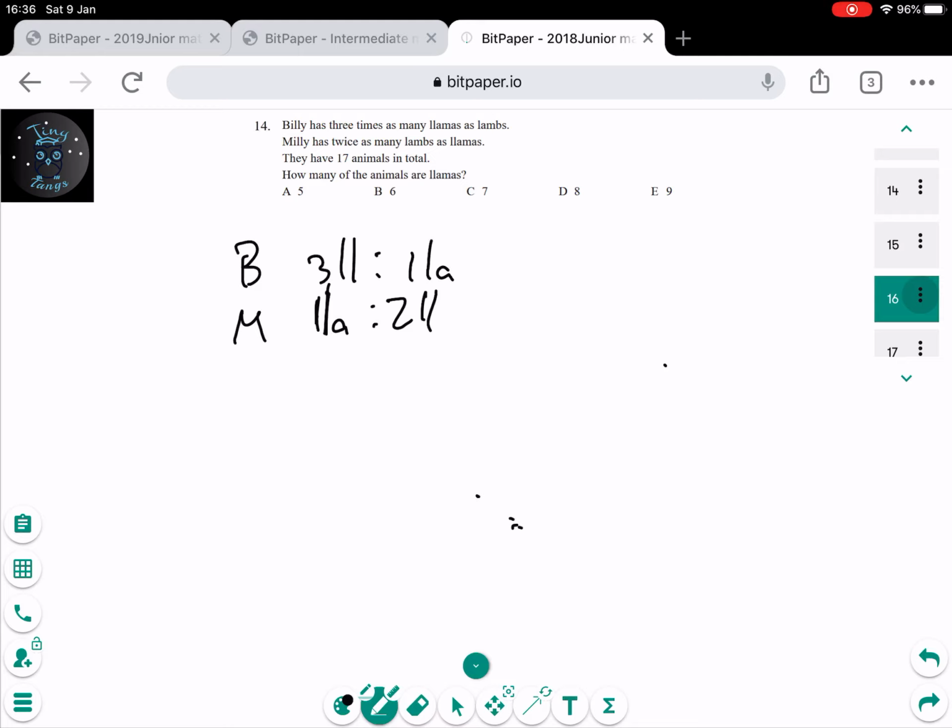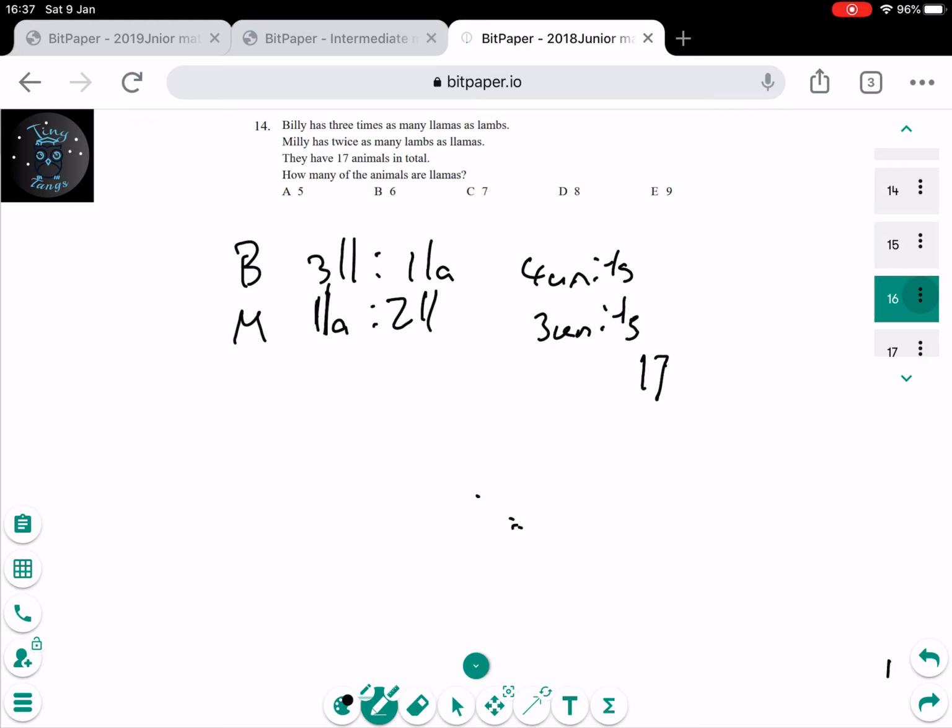And also, we can do, for example, let's say, they have 17 animals in total. So that's 4 units in total, and that's like 3 units. So you know that you have to split 17 into a number that is like that.